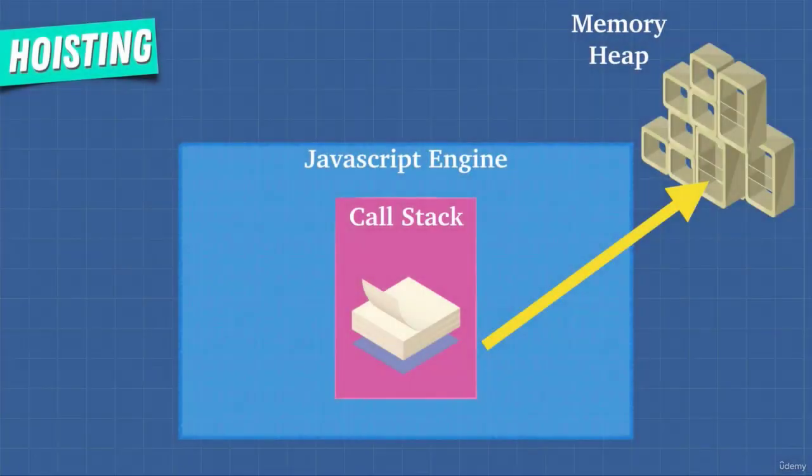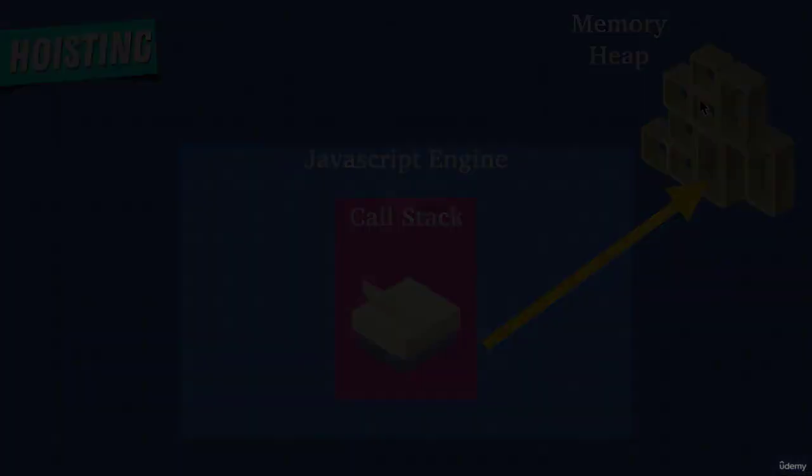If we look at our diagram, with hoisting, during our global execution phase, we're simply saying, hey, it looks like we're gonna have a few functions and a few variables. Can you allocate some memory for us here? Just get us ready for the program about to run.